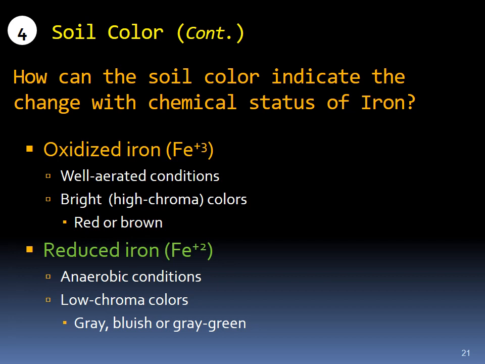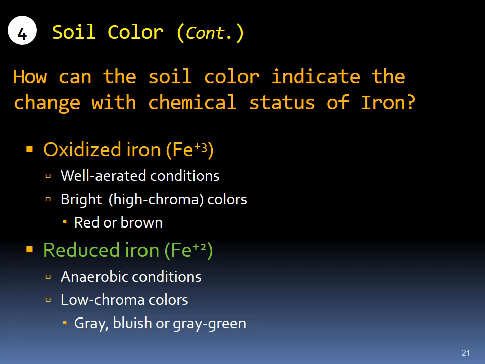So how can the soil color indicate the change of the chemical status of iron, for example? When the soil has a lot of iron in it and the soil becomes well aerated, then iron will be oxidized, and when it is oxidized it will reflect a red-brown color.